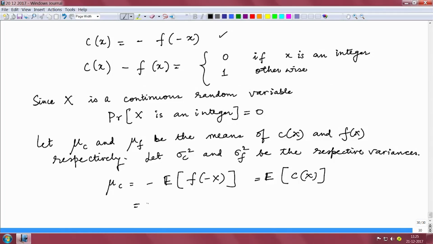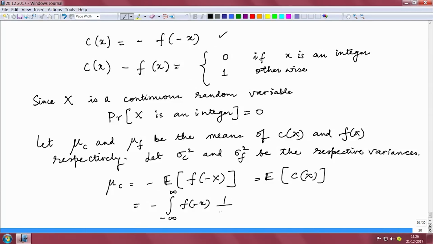So this is equal to minus the integral from minus infinity to plus infinity of f of minus x times the PDF of x.